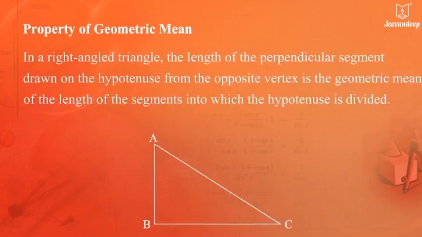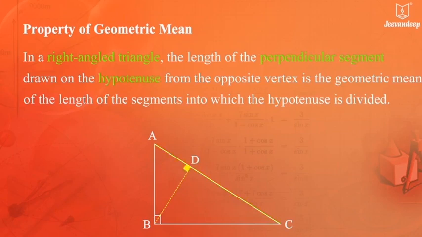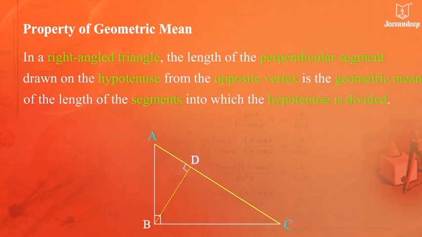Property of geometric mean. In a right-angled triangle, the length of the perpendicular segment drawn on the hypotenuse from the opposite vertex is the geometric mean of the length of the segments into which the hypotenuse is divided.